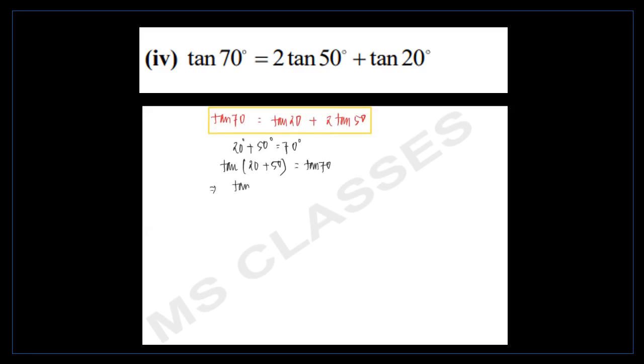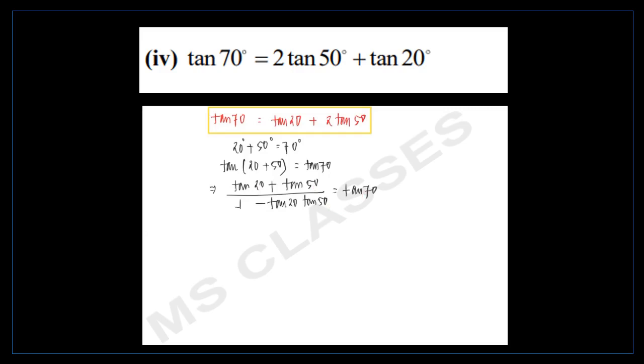Now (tan A plus tan B) by (1 minus tan A tan B) equal to tan 70.